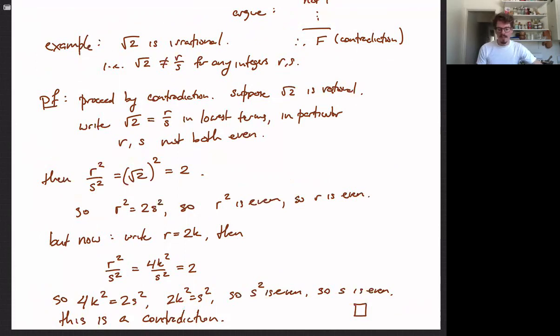So these are a couple of examples of proofs and a couple of examples of proof structures. Don't worry if it doesn't all make sense already. I went through all of that kind of fast. The point was first of all to finally give some nice concrete examples of proofs. This one at the end in particular, the fact that root 2 is irrational, is an interesting fact, something that a mathematician might actually care about.